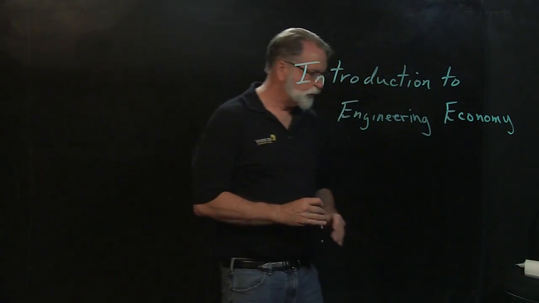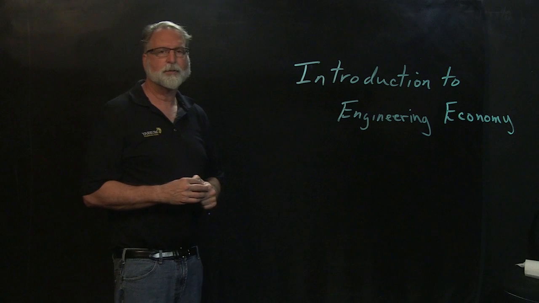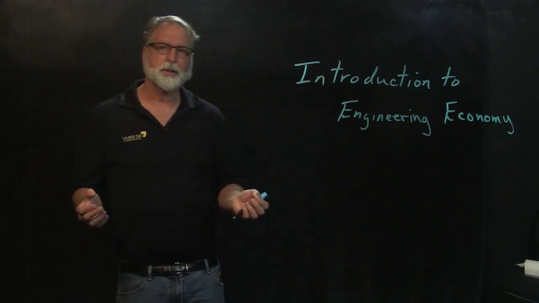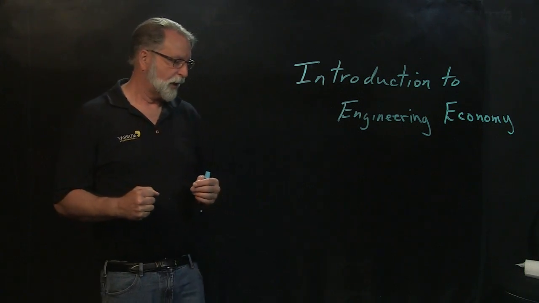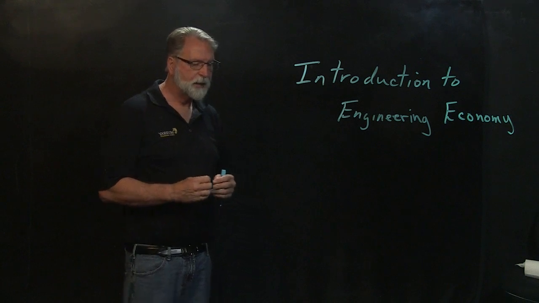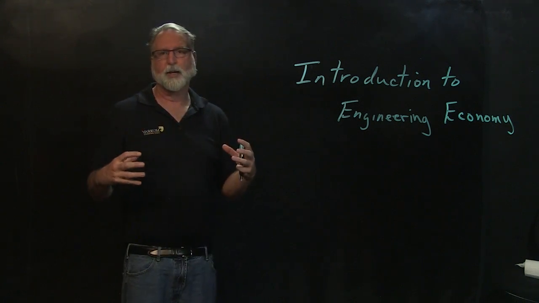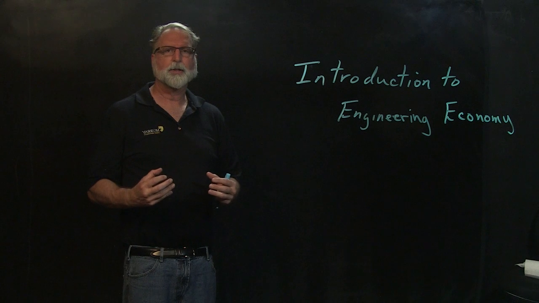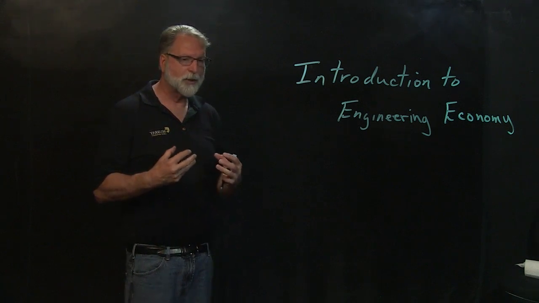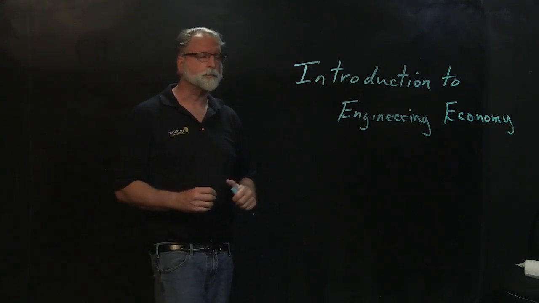So then we go into Chapter 5, where we talk about the evaluation of a single project. That is where all the information that we're learning in the semester early on all comes together.